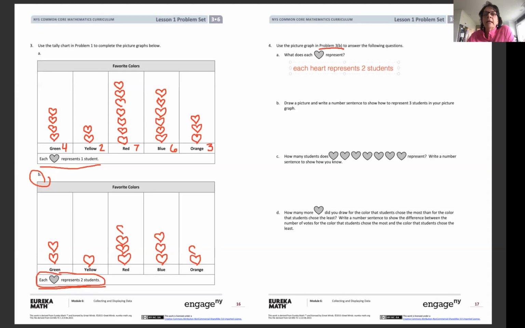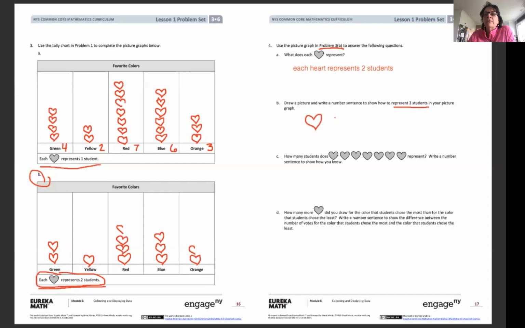Let's look at B. It says draw a picture and write a number sentence to show how to represent 3 students in your pictograph. So they want us to draw a picture. How would we represent 3 students? Well, we did that for orange, okay? We need to represent 3 students. Each heart in the bottom graph represents 2. So this would be 2 students.